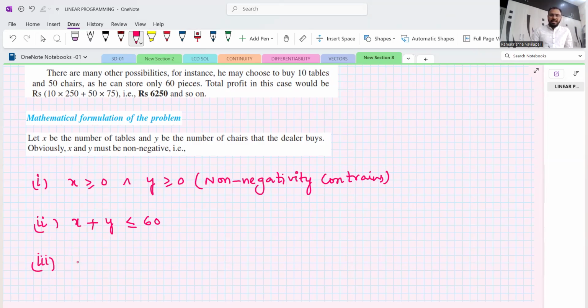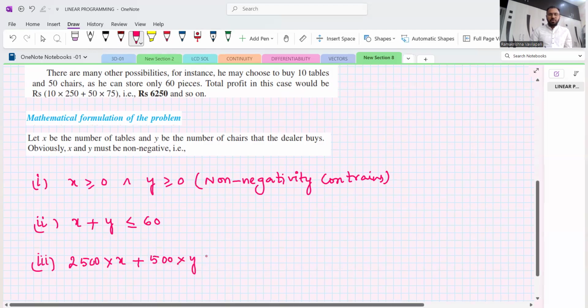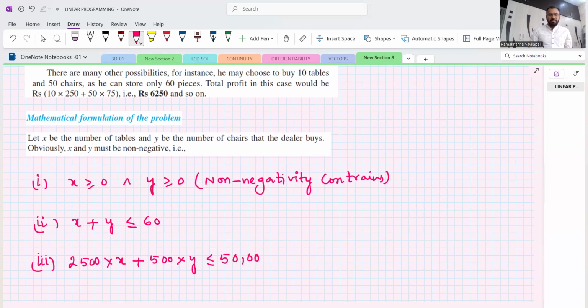The price of each table is 2,500, so 2,500 into x, plus the price of each chair is 500 rupees into y. So his maximum investment is 50,000 rupees.